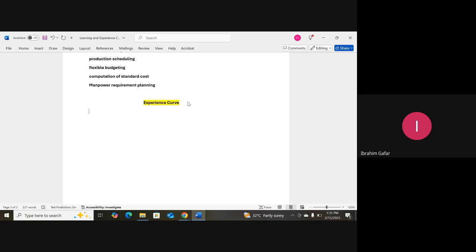So this is the scenario, the possible savings from increased output under the experience curve. Is that understood? Yes.